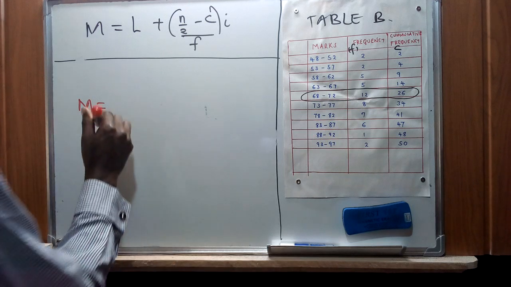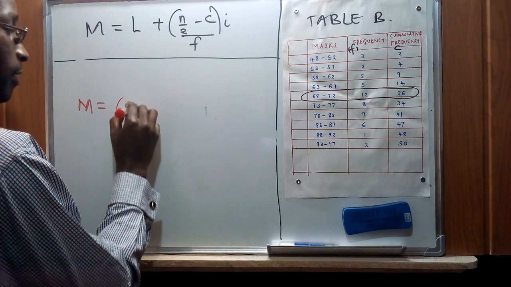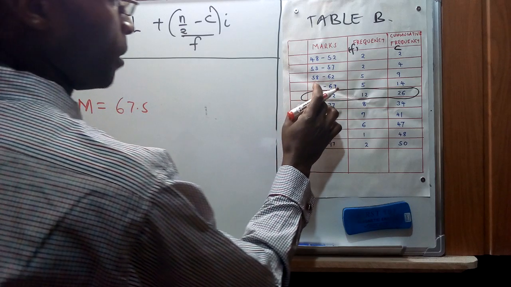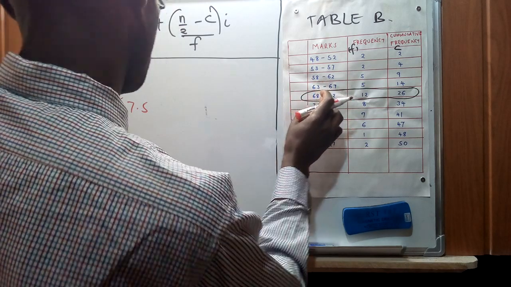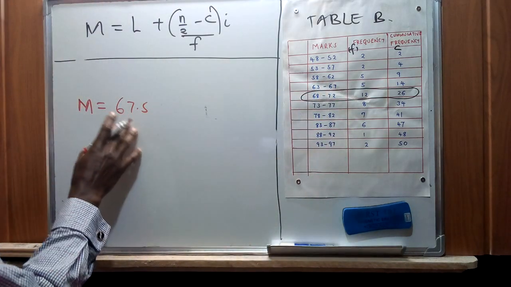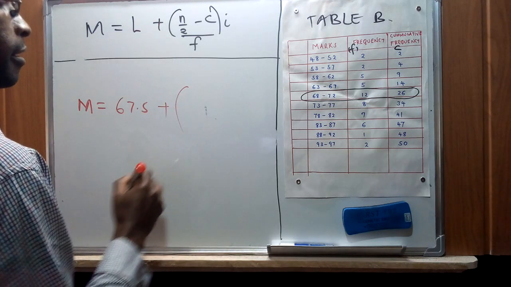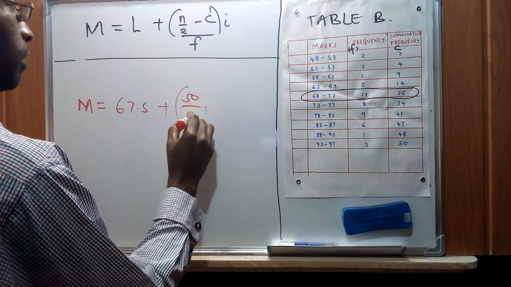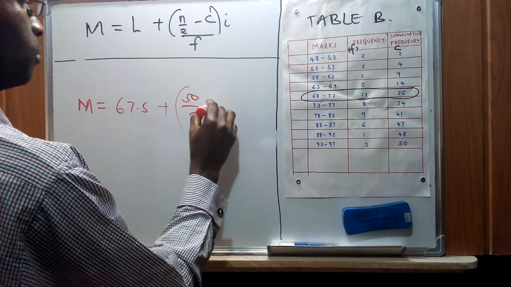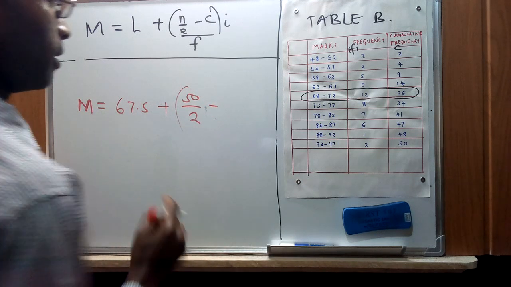Now, the lower limit for the median class for us is going to be 67.5. Remember, the lower limit for this range is 68, but our lower limit is going to be 67.5, and then plus the frequency, I've said it is 50 over 2 minus C, the cumulative.